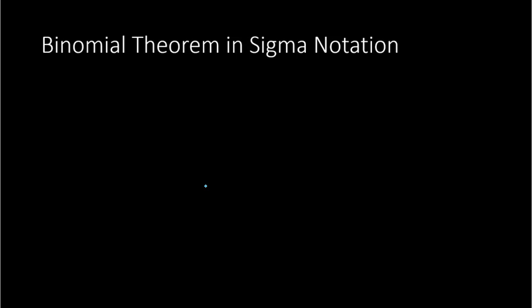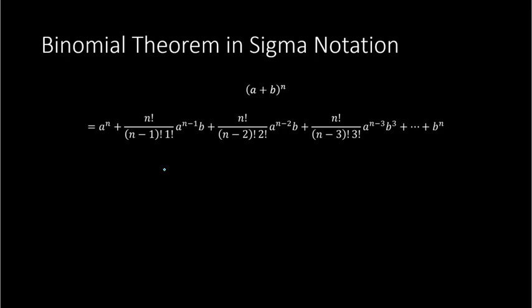Now to finish off, we've learned in a previous lesson about what we call sigma notation or summation notation. We showed in the first slide of this lesson that (a + b) to the n power is represented by this sum. We can simplify this with summation notation.